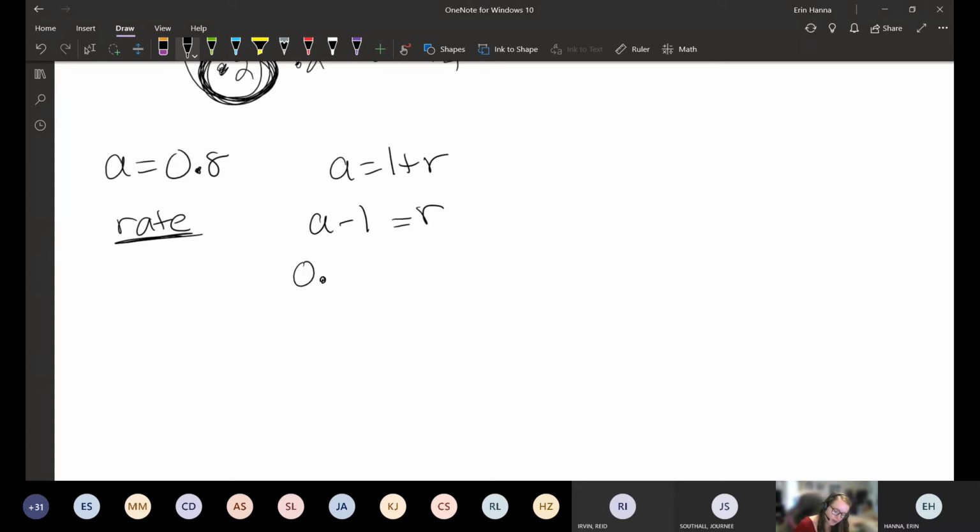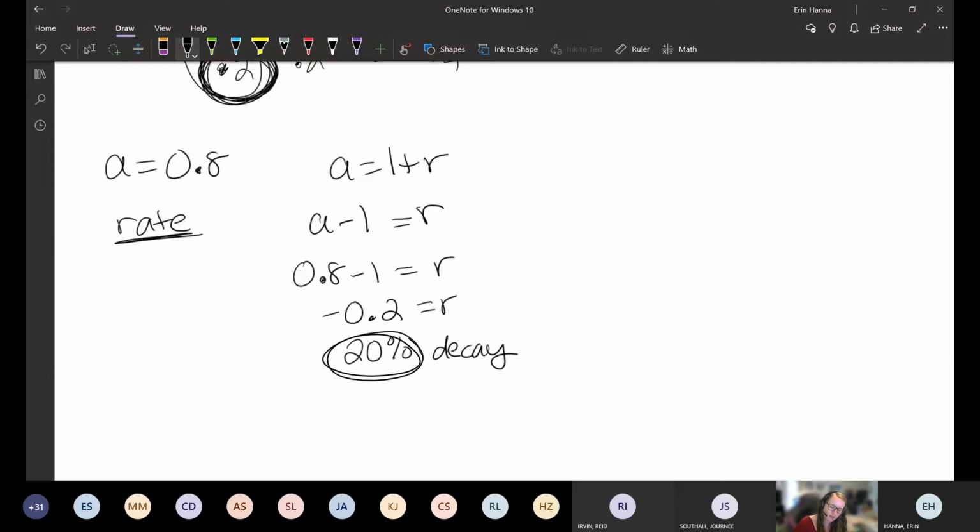So if your A was 0.8, if we subtract 1 from that, we get, well, I should be able to do this in my head, but let me just stretch it. Negative 0.2 is equal to the R value. But since it wants the percent, we would have to change this over to a percent. Since it says decay, we don't need to worry about the negative, but this would turn into 20% decay.